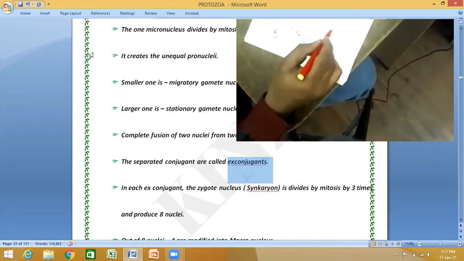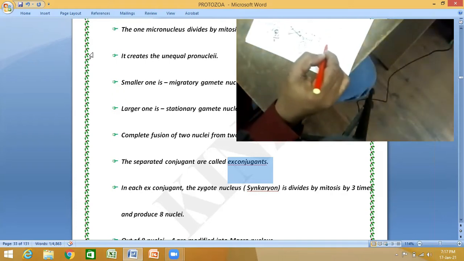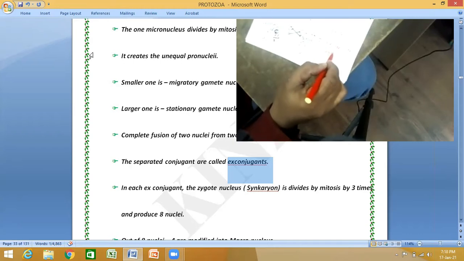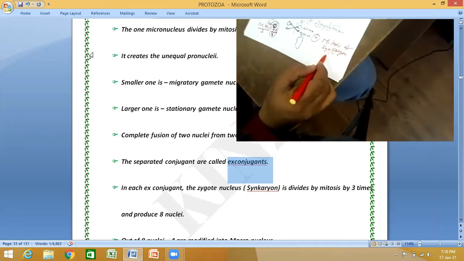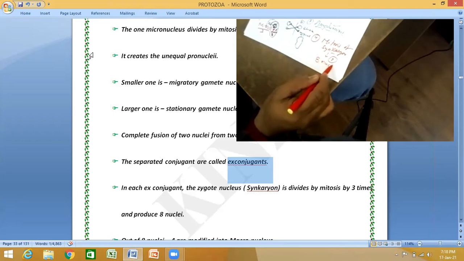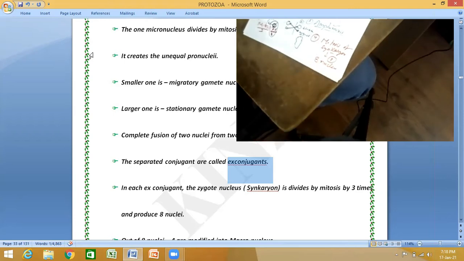After amphimixis, the fourth step is mitosis of the synkaryon, which takes place three times and produces eight nuclei. This is one of the important steps.